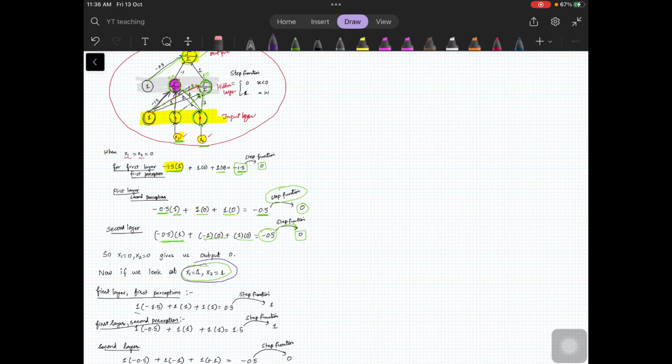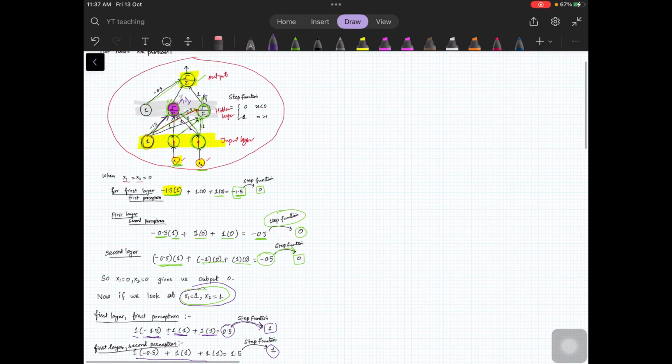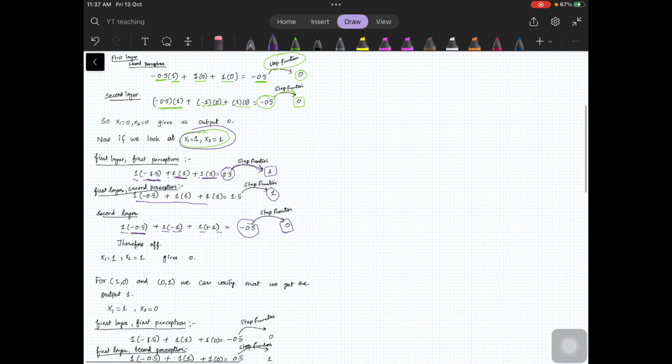So you have 1 into minus 1.5 plus 1 into 1 plus 1 into 1, that would be 0.5, and then you apply the step function, you will get a 1. Similarly for the first layer's second perceptron, again you get a 1. Now in the second layer, that would be 1 into minus 0.5, 1 into minus 1, and 1 into 1, that would be negative 0.5, so you'll get a 0 output. So 1, 1 will give you a 0 output, that's what we were expecting, right?